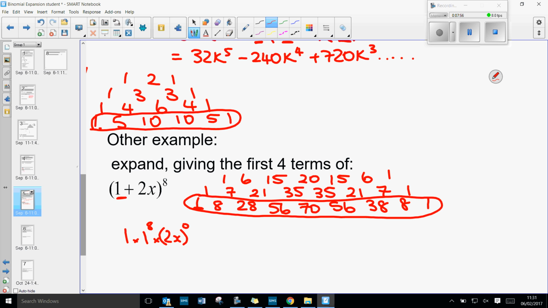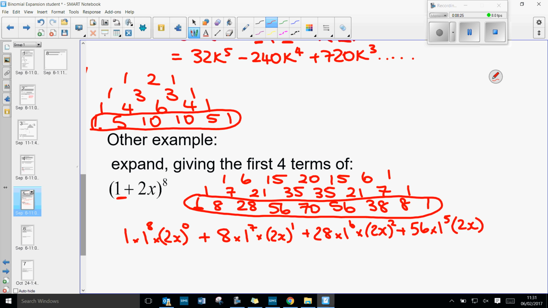Plus 8 times 1 to the power 7 times 2x to the power 1, plus 28 times 1 to the power 6 times 2x to the power 2, and 56 times 1 to the power 5 times 2x to the power 3. So that's 4 terms.